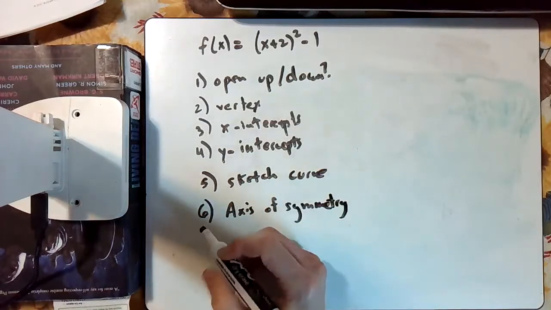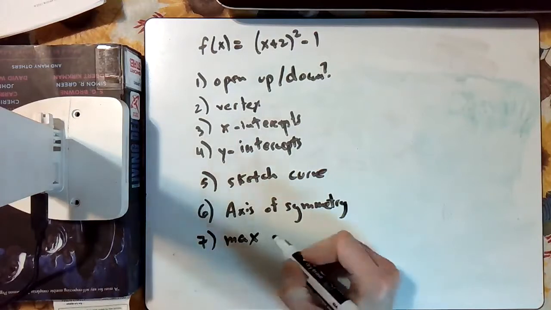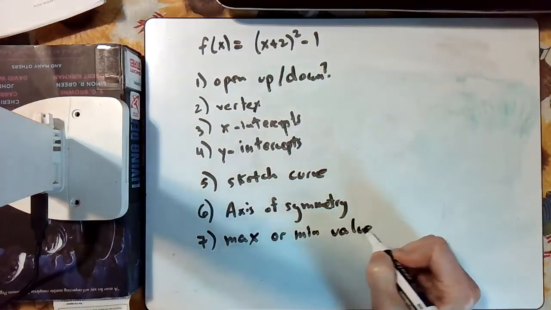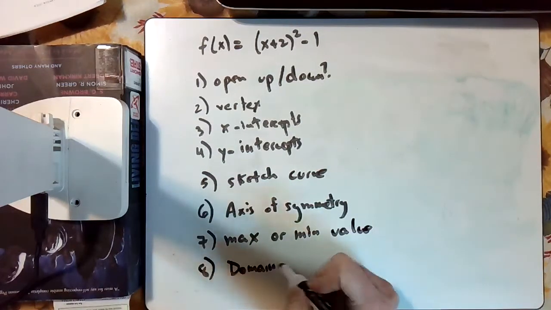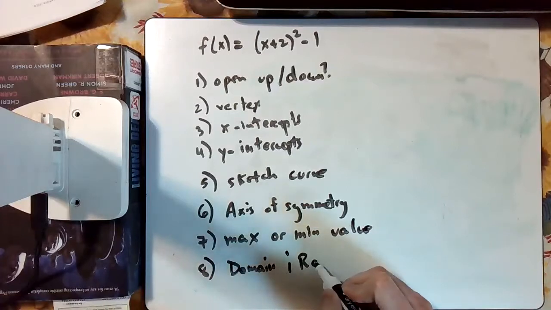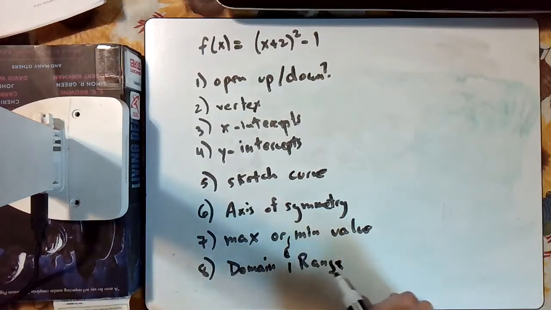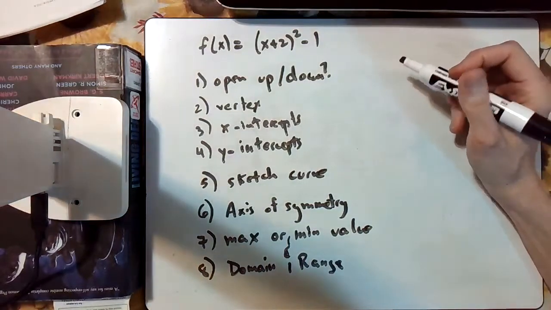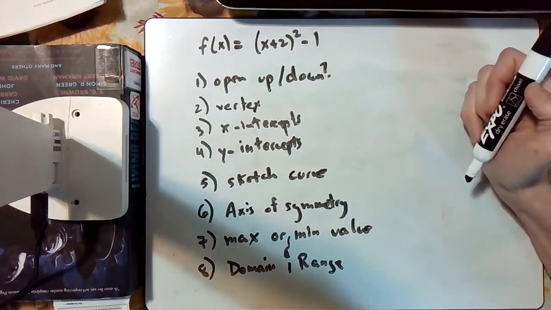And then the max or min value. And then also the domain and range. So lots of stuff, right? It's not going to take that long. A lot of them we can tell just by looking at it.